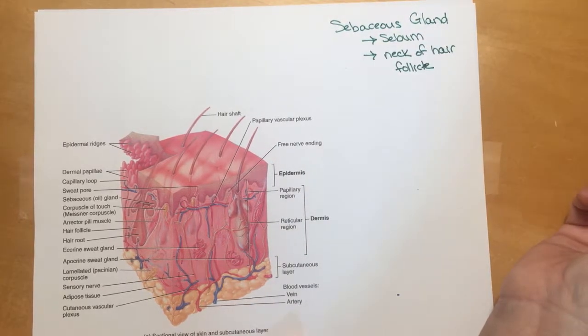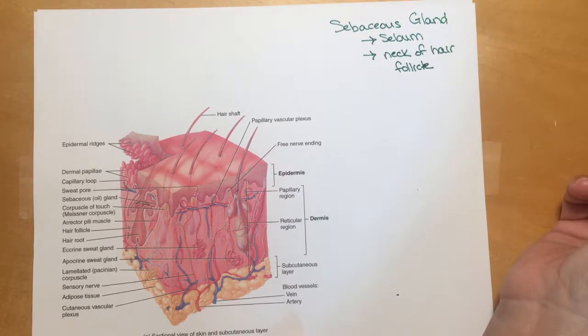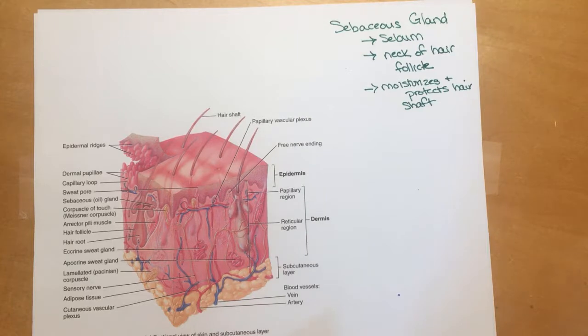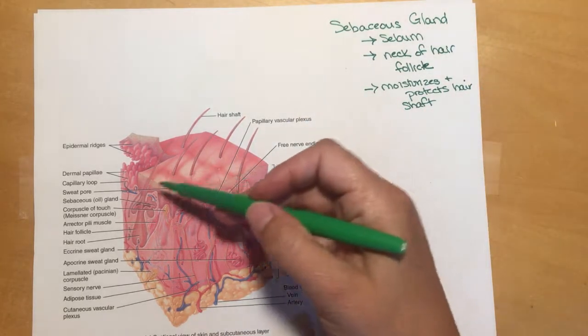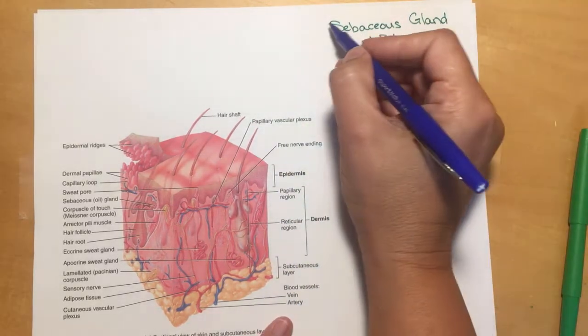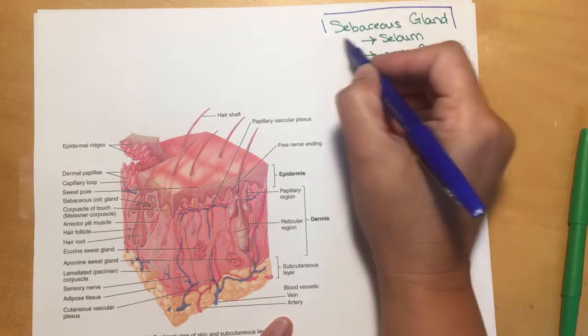Now, the job of sebum is to moisturize and protect the hair so that it doesn't break off. The tough thing about the sebaceous glands is that if you don't wash your hair often enough, it can start looking very oily, and that's because of these sebaceous glands. So that's our first type of gland we're going to discuss.